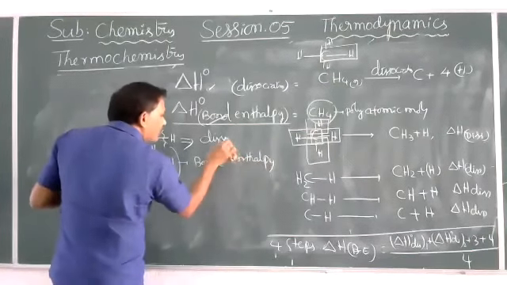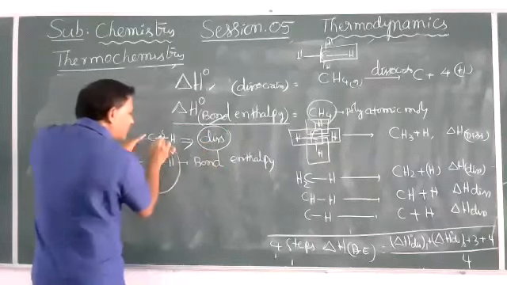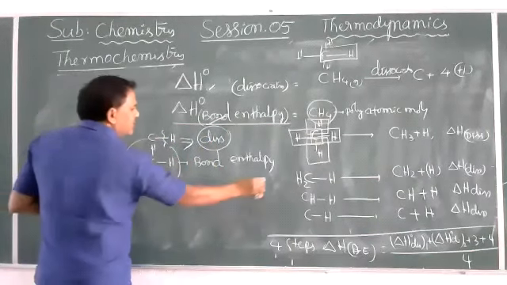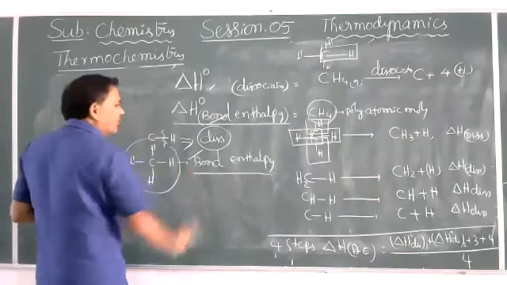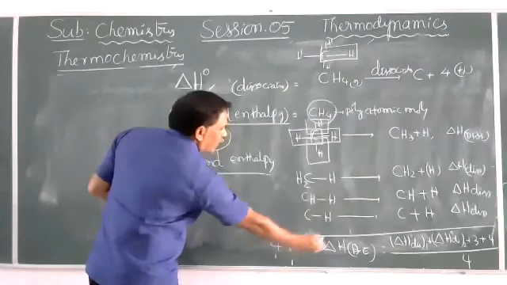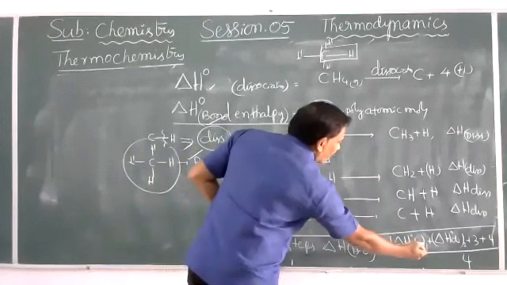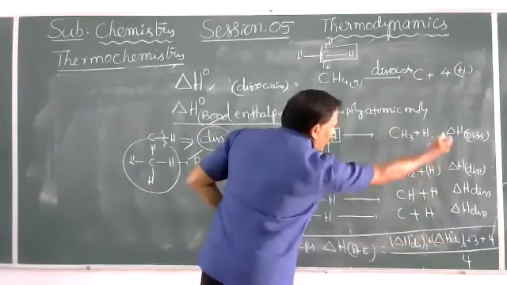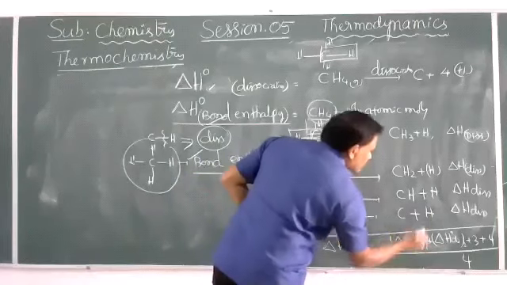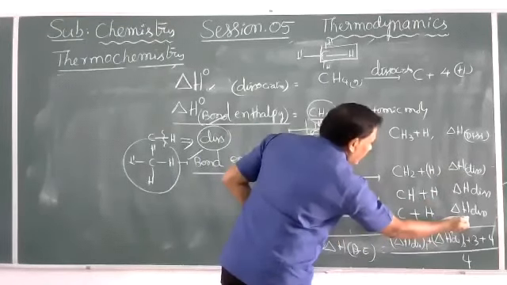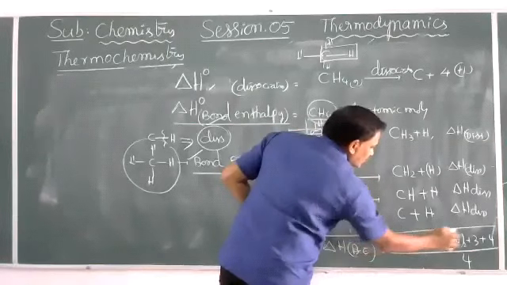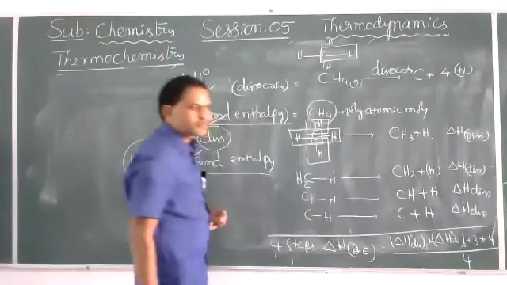So finally, bond dissociation means breaking only one covalent bond. To break all 4 covalent bonds, or all the covalent bonds present in a molecule, we want bond enthalpy, which is the average of the bond dissociation enthalpies of each and every step. Here we divide by 4 because 4 covalent bonds are ready to cleave and 4 dissociation values are there. That's why steps 1, 2, 3, 4 divided by 4.